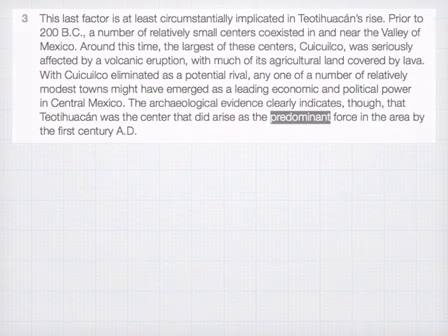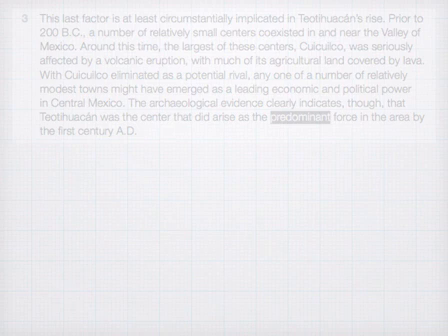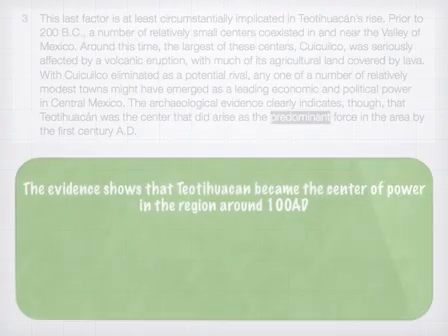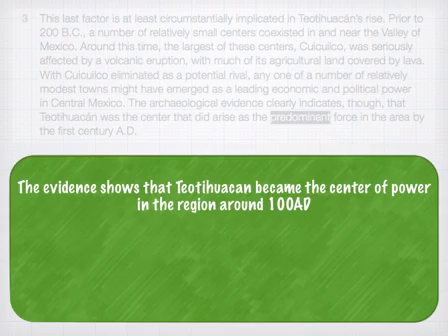So let's have a look at the way that we can paraphrase this information and the way that we can extract the main ideas from this paragraph. The first thing that we can notice is that the evidence shows that Teotihuacan became the center of power in the region around 100 AD.